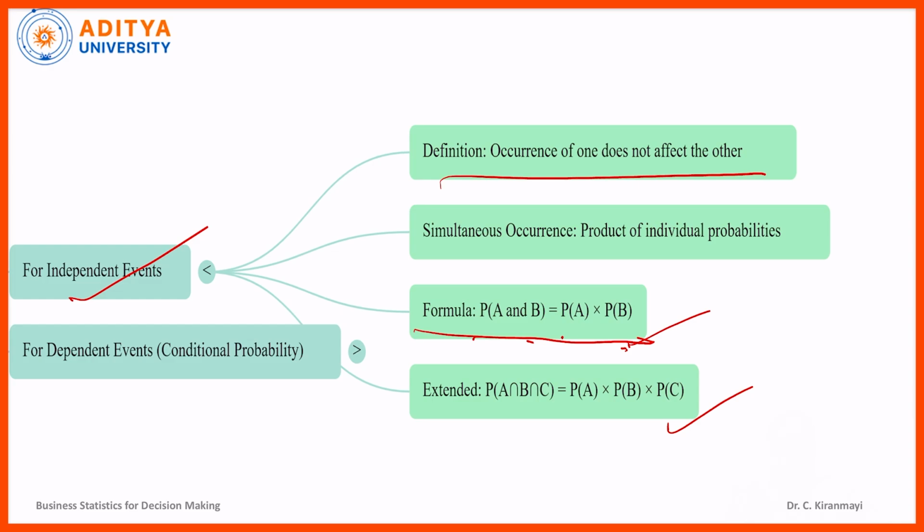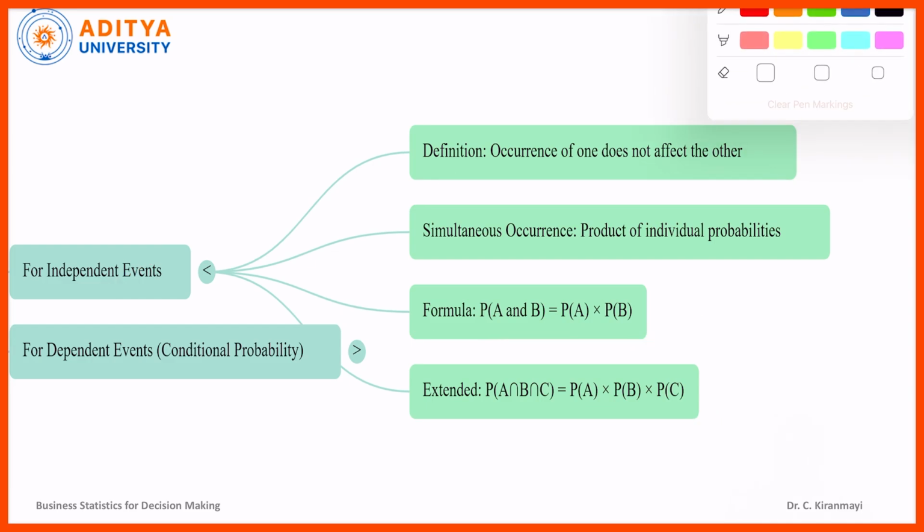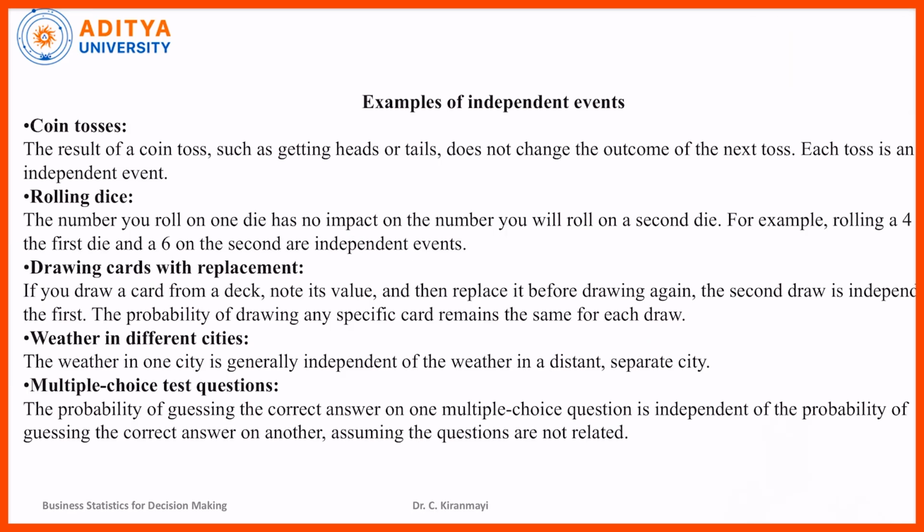Then we can use the multiplication theorem, and the product of their individual probabilities gives the probability of occurrence of all 3 events. This is how we can make use of the multiplication theorem in case of independent events.